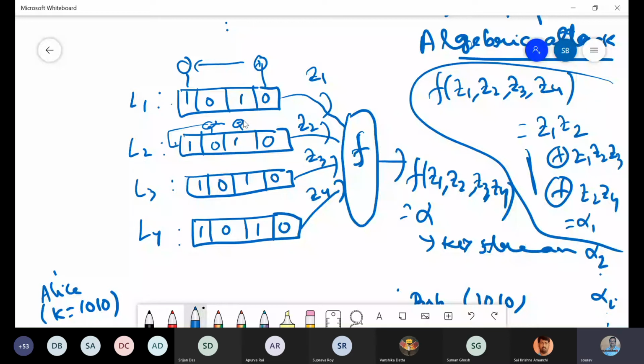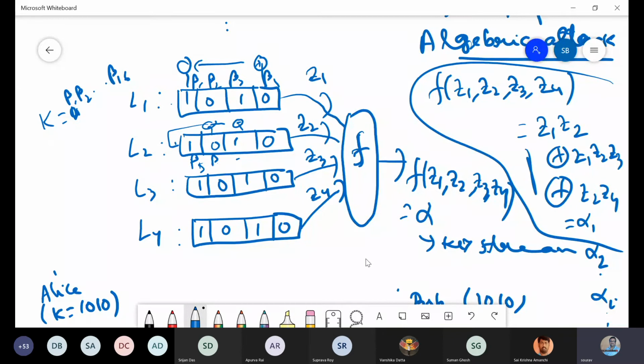Because we are using 4 LFSRs, each of 4 bits, you can easily use the 16 bits. We can just fill it up, then run the show. Bob will do the same thing and get back this message. Or we can use the same initial internal state for each LFSR.